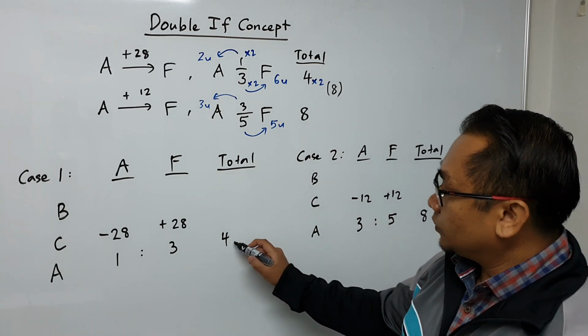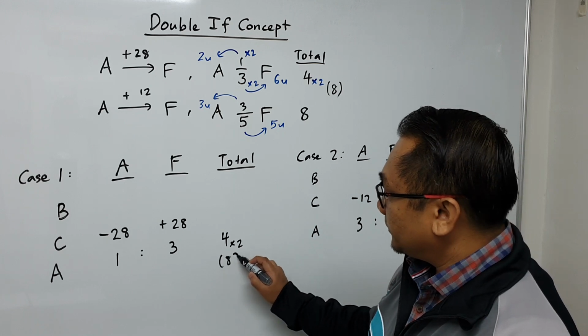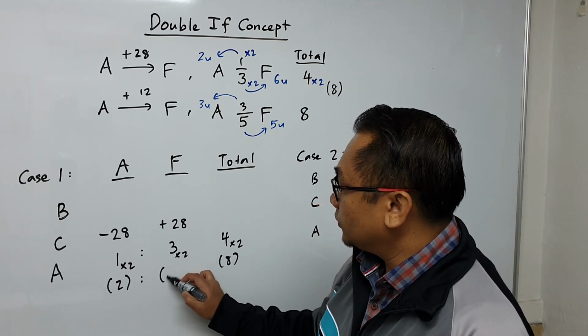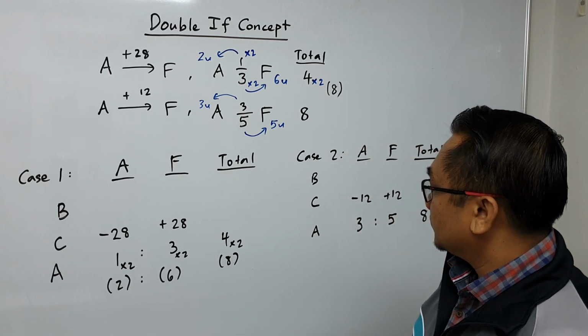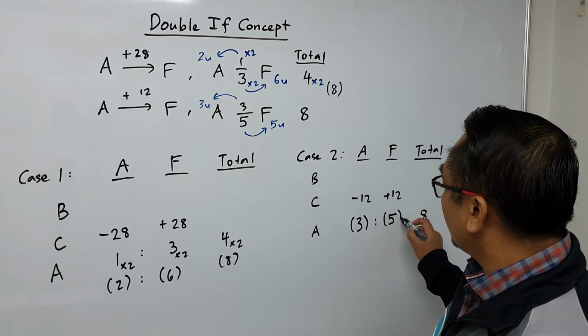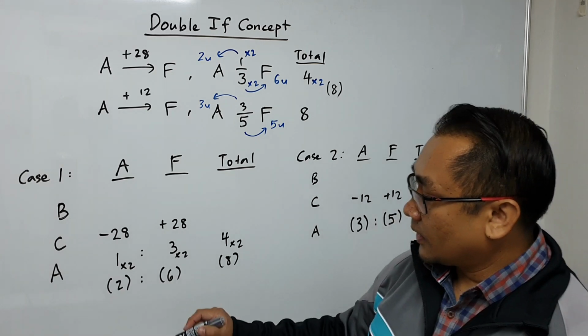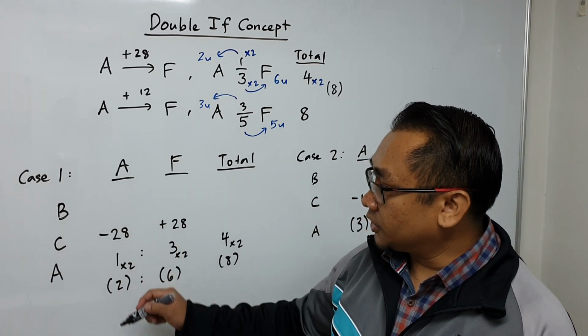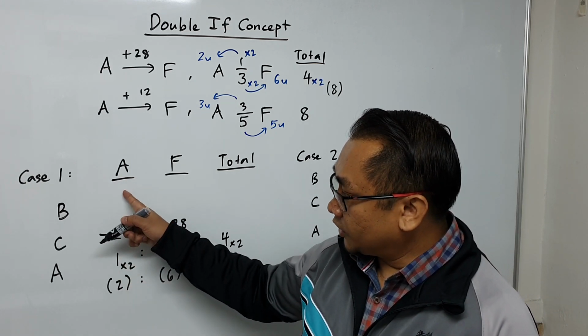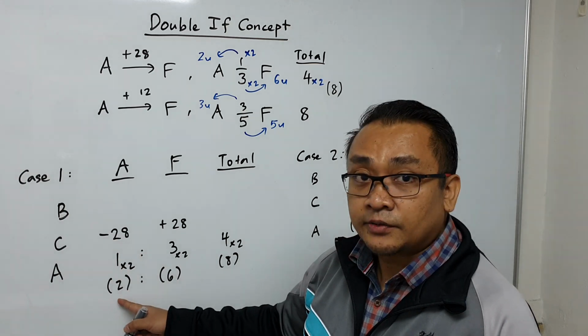So what we need to do is to make the total the same. So times 2, times 2, so we have 2 is to 6. Now the total is already the same. So I'm going to bracket all the units that I'm going to use. How do we write the expression for Alfred at first? Alfred has given 28 to Fiona and is left with 2 units.